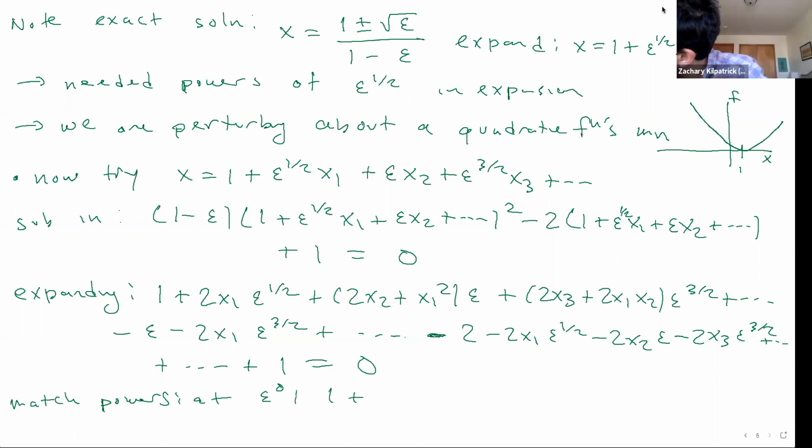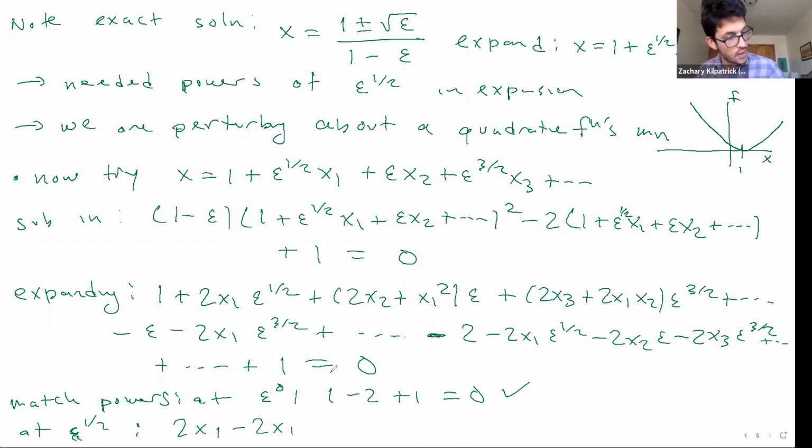So we still get 1 minus 2 plus 1 is equal to 0. So that's fine. But now at epsilon to the 1/2, we get 2x1 minus 2x1 equals 0, okay?